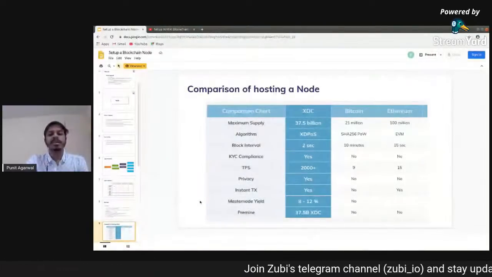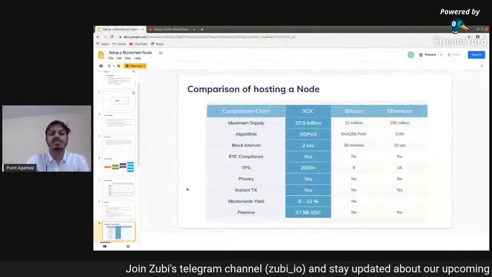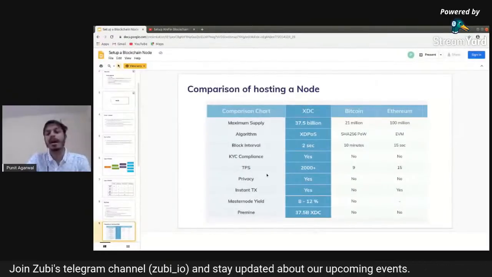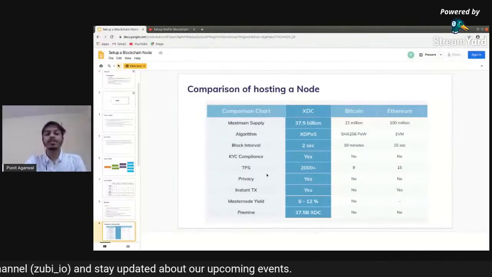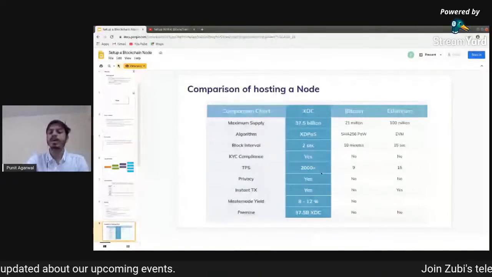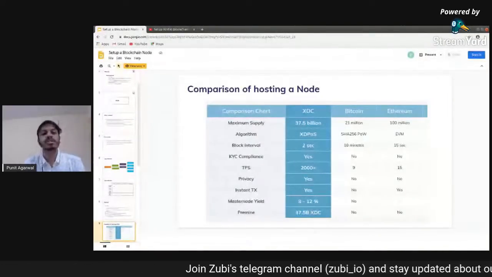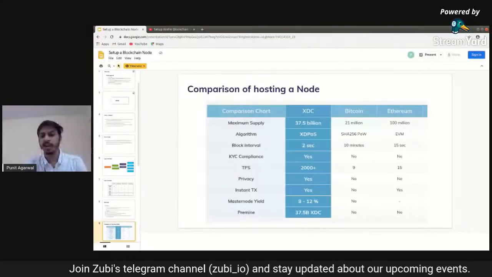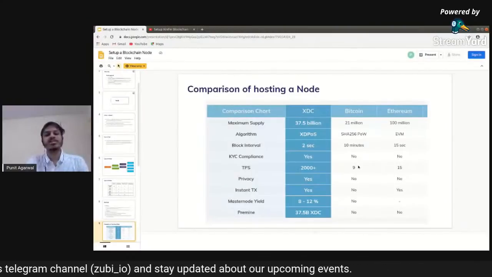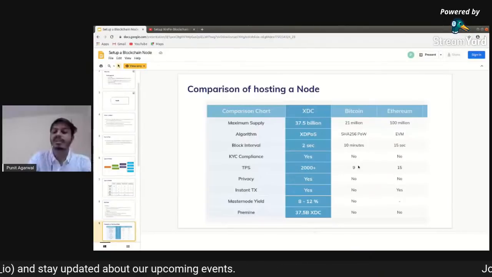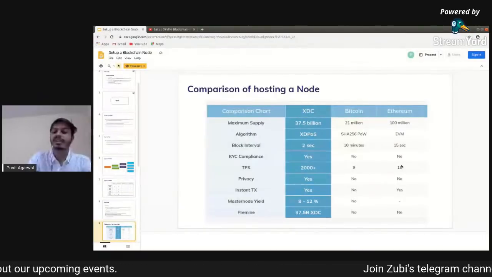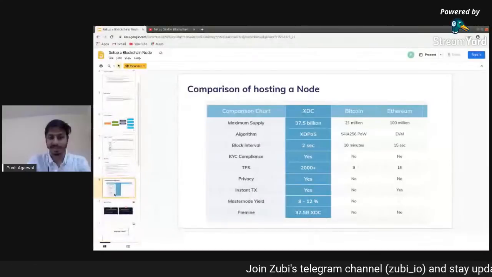Another important comparison is that the XDC blockchain can support up to 2000 plus transactions per second, whereas Bitcoin can support 9 transactions per second, and Ethereum around 15 transactions per second, which is TPS.